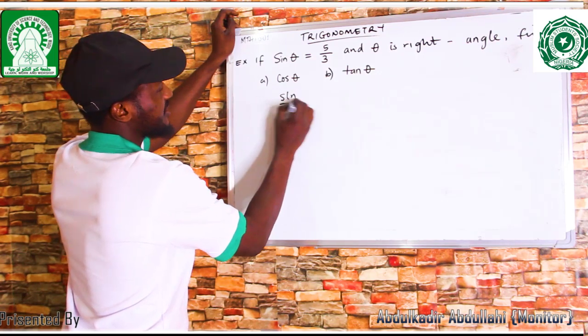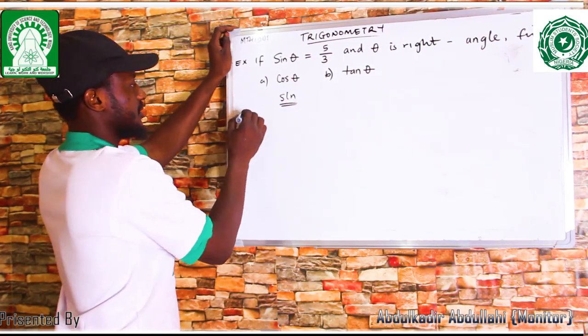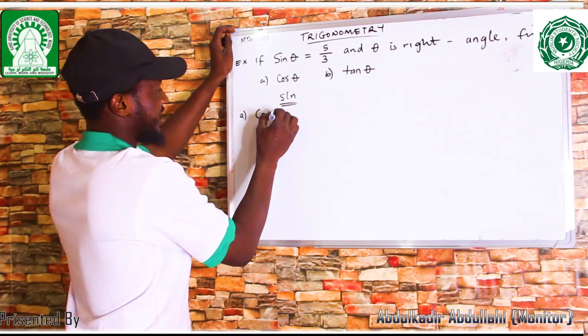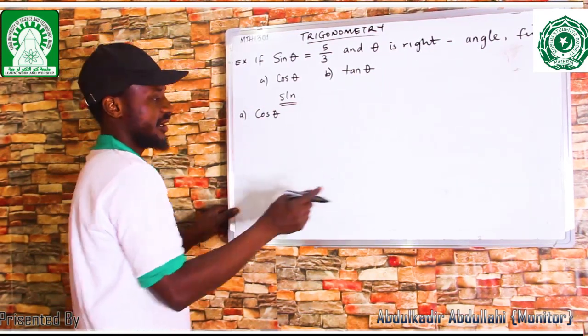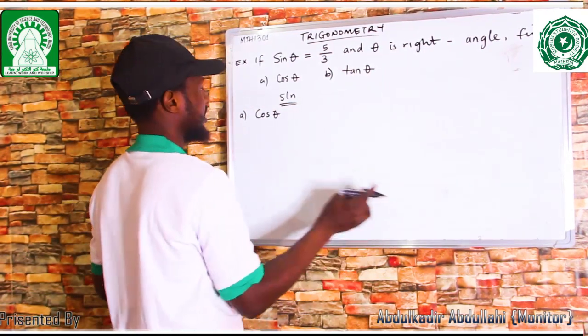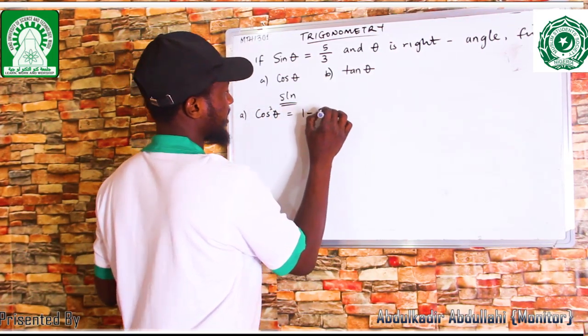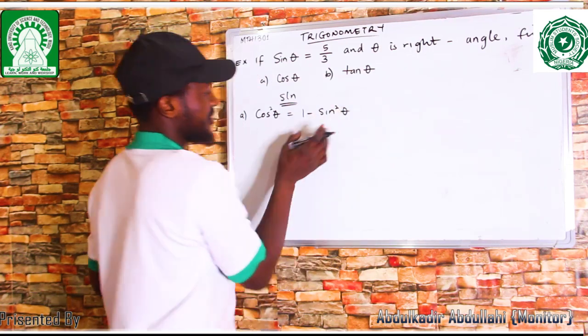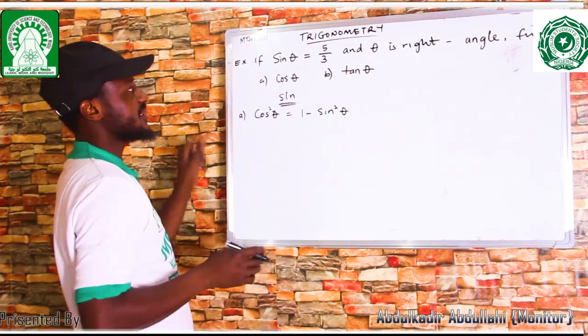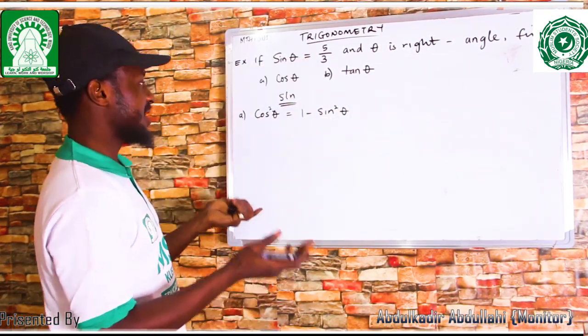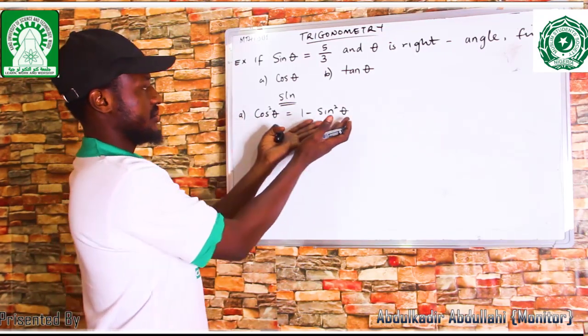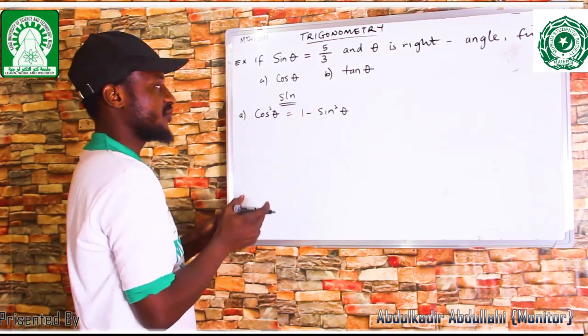Solution: we use our identity number 8, the one that says cos square theta is equal to 1 minus sine square theta. The reason we are using this one is because sine is already given. So if sine is given, we find cos. We just substitute the value of sine in our formula.